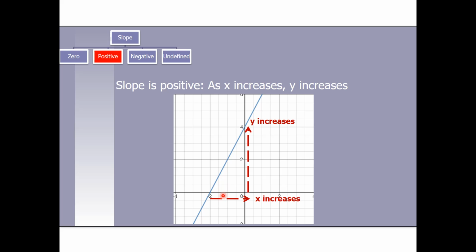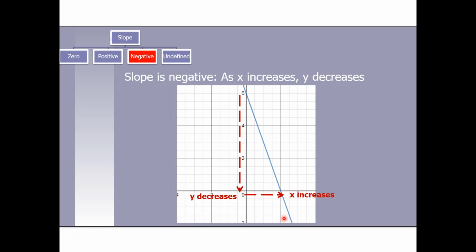So the inclination here, or the angle between the line and the x-axis, is less than 90 degrees. So always, if the line has an inclination of an angle that is less than 90 degrees, then the slope will be a positive number.